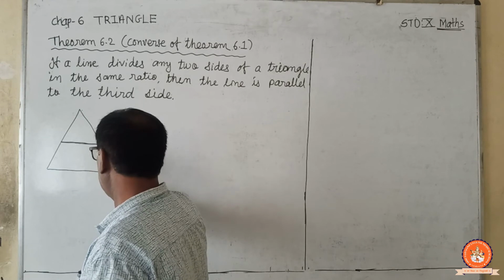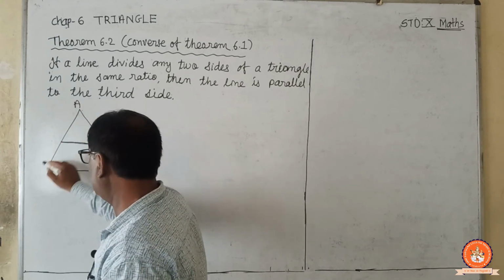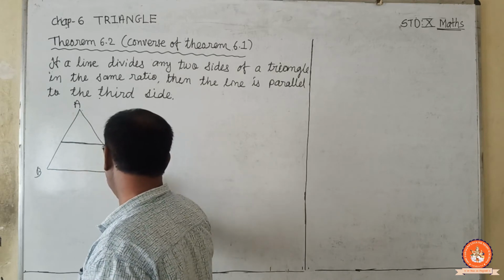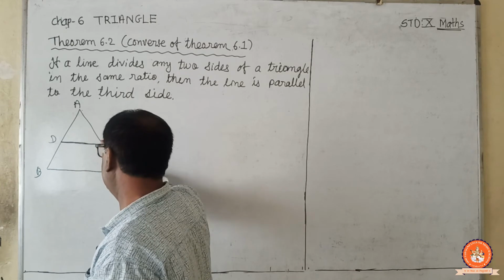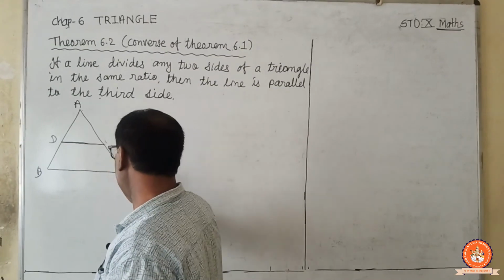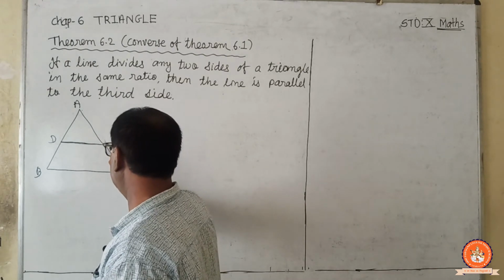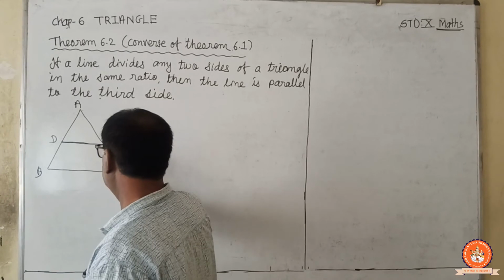You can draw this type of line, but it is not required. So in triangle ABC, DE is the line which divides AB and AC, sorry, in the same ratio.